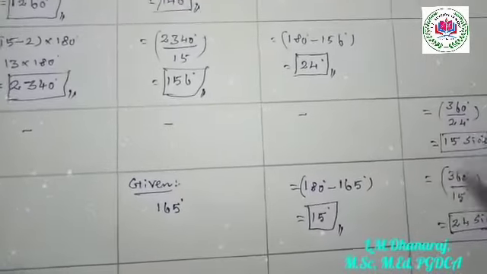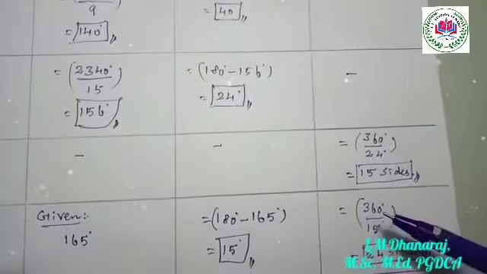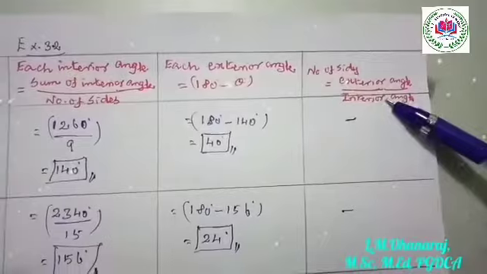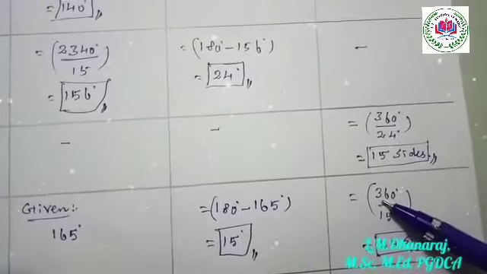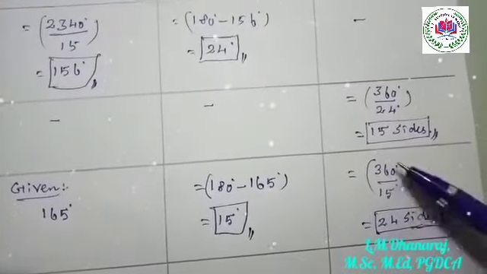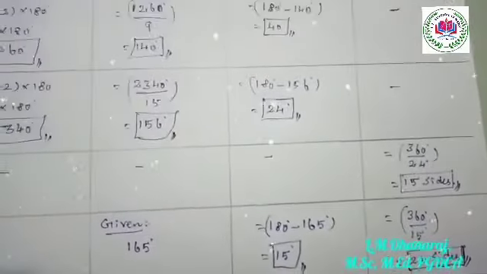Now by using this, we have to find out the number of sides, which is the exterior angle divided by the interior angle. So the exterior angle, already we know, is 360 degrees, divided by this angle, 15 degrees. When we cancel these two, we will be getting 24 sides.